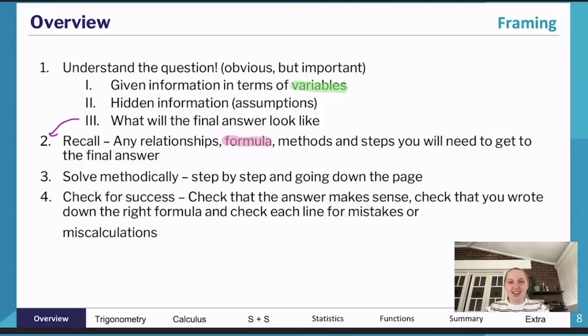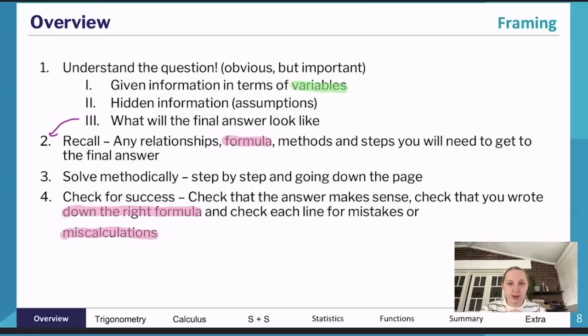This is where I think if you're not doing this, you might start to lose those little marks here and there, because you don't notice that you've written down the wrong formula, or that you don't notice that little miscalculation. So it's super important that you go through and check just to make sure that those little things are right.